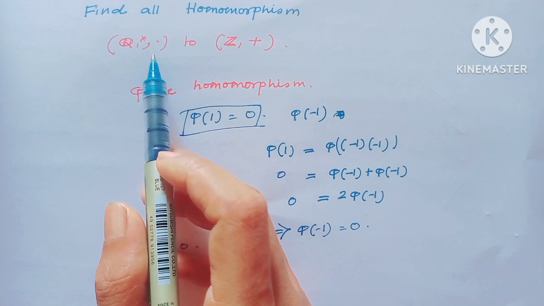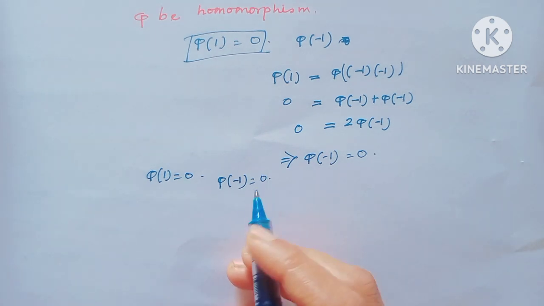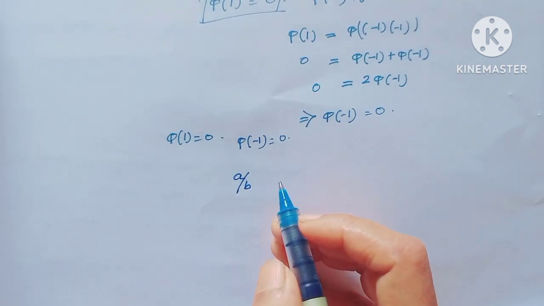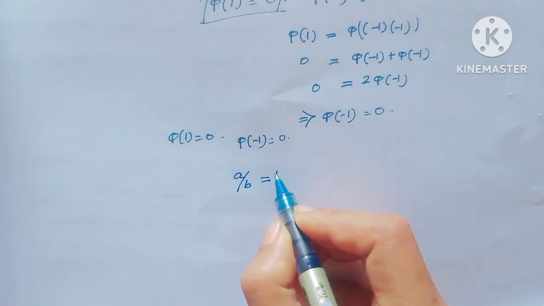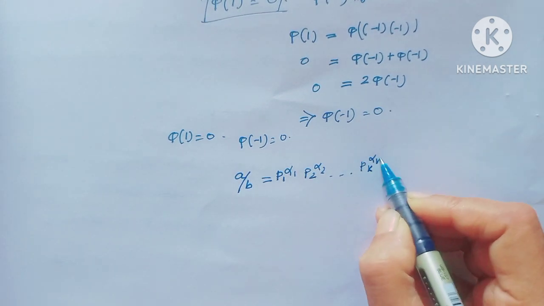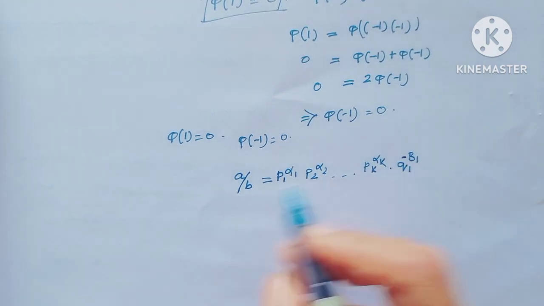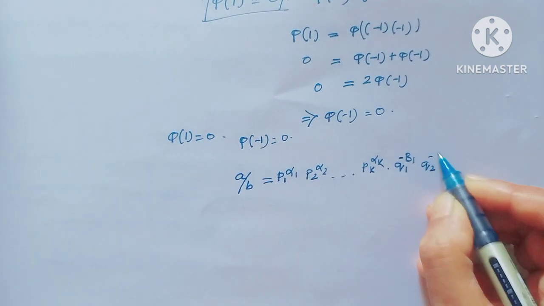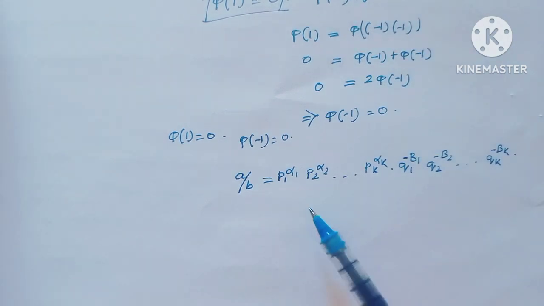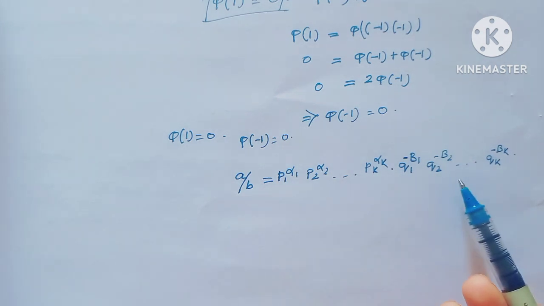Consider, in Q, a pointer looks like A by B. Consider A over B equal to P1 alpha 1, P2 alpha 2 up to Pk alpha k, times Q1 minus beta 1, and we can write B as Q2 minus beta 2 up to Qk minus beta k, where these P1, P2, Pk are prime numbers and also Q1, Q2, Qk are prime numbers.